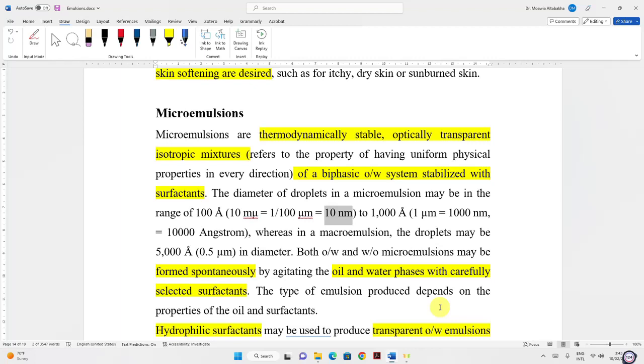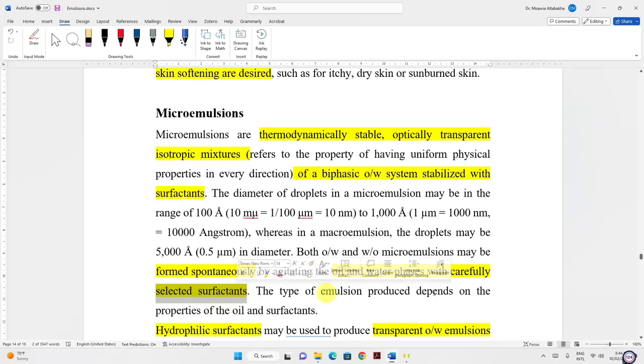What I mean to say is that the internal phase is very small, to the extent that they are very close to solutions, but they are not considered as such. How can we have such an emulsion? This is through carefully selecting some surfactants that are classified as solubilizing surfactants.